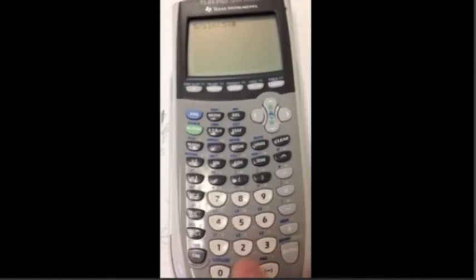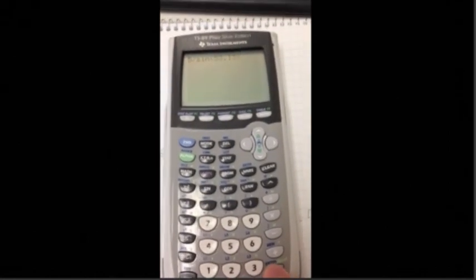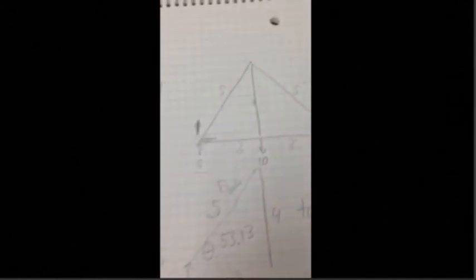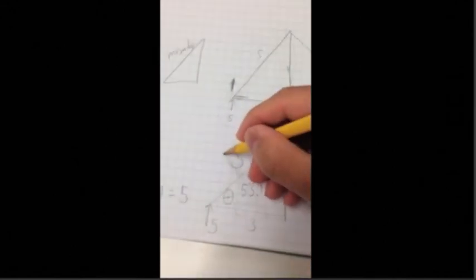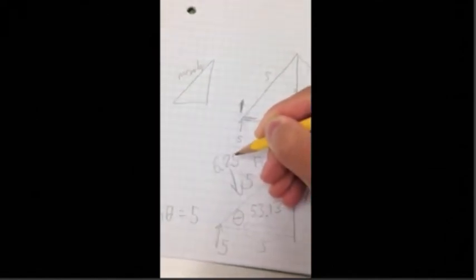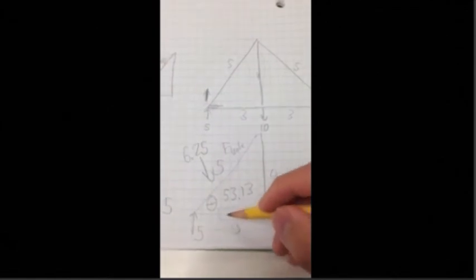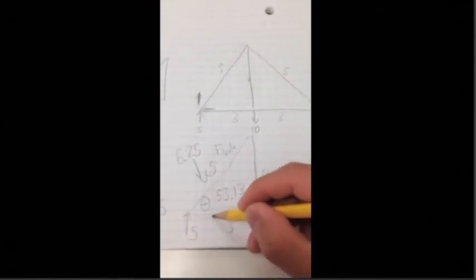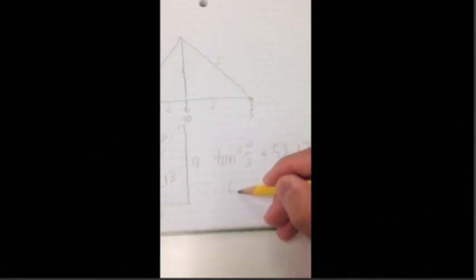And from there you can find the horizontal internal force of this member, which is going to be 6.25 times cosine 53.1. Think of sine as the y forces and cosine as the x forces when you're doing internal forces.